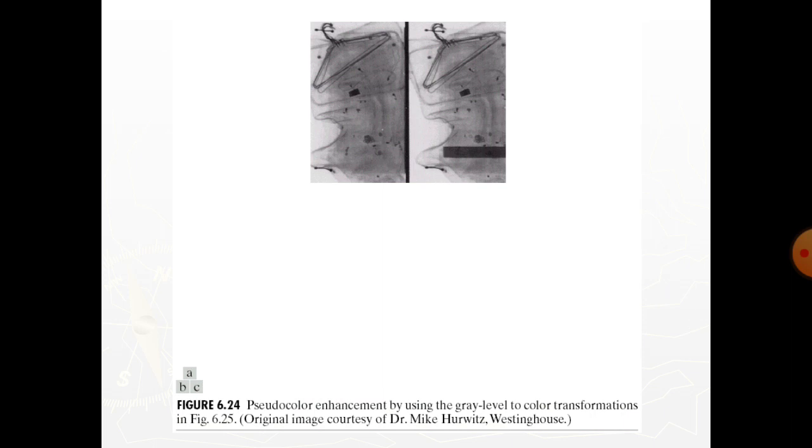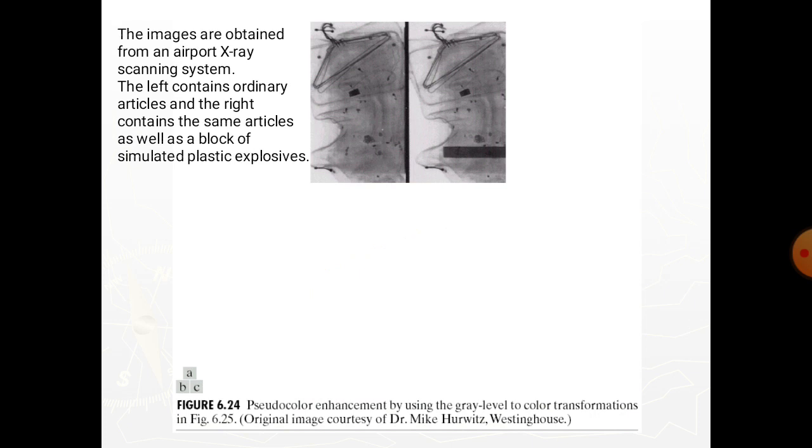So this figure shows two monochrome images of luggage obtained from an airport X-ray scanning system. The image on the left contains ordinary articles. The image on the right contains the same articles as well as a block of simulated plastic explosive.